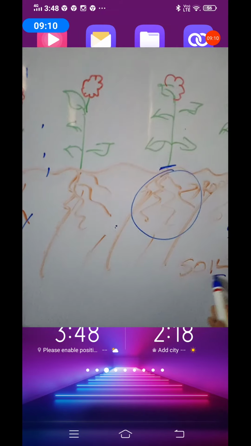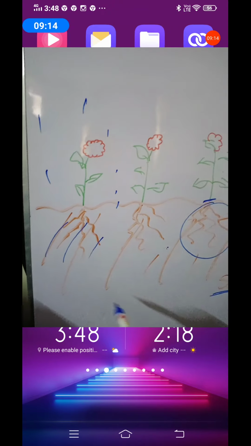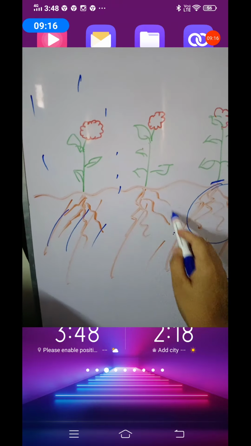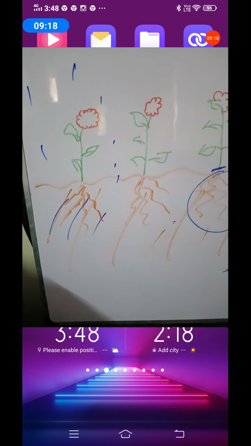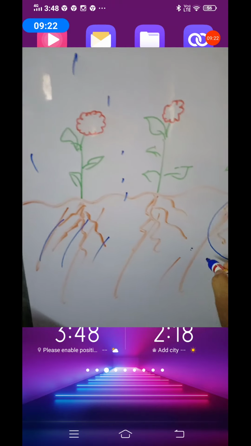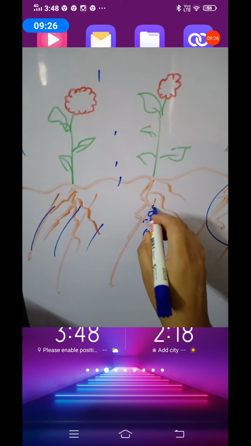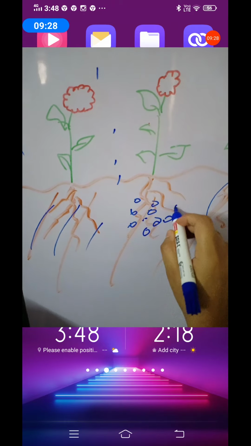This soil will flow if the rain comes and if these roots are not there, isn't it? So because of these roots, this root is holding our soil tightly in between them.